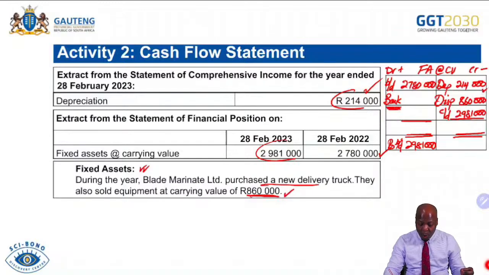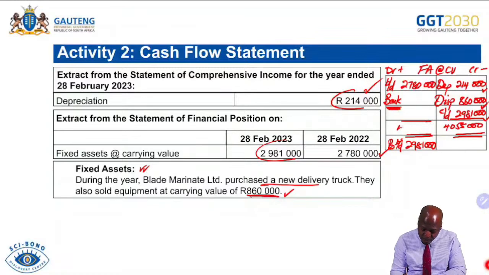You're punching 214,000 plus your 860,000 plus your 2,981,000. I'm going to repeat the figures again: 214,000 plus 860 plus 2,981. How much does that give you? Okay, it gives you 4,055,000.